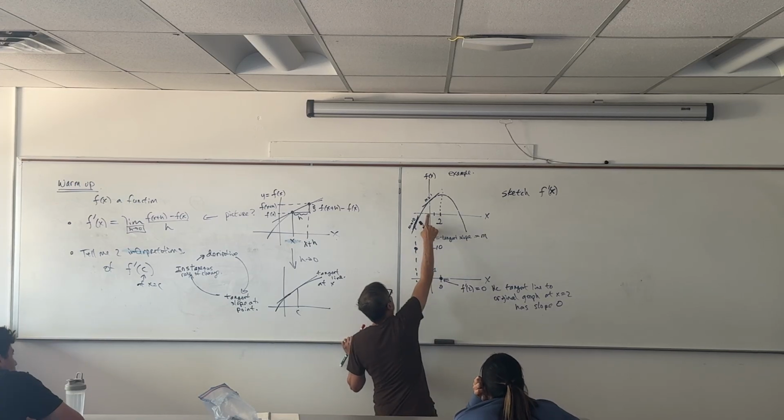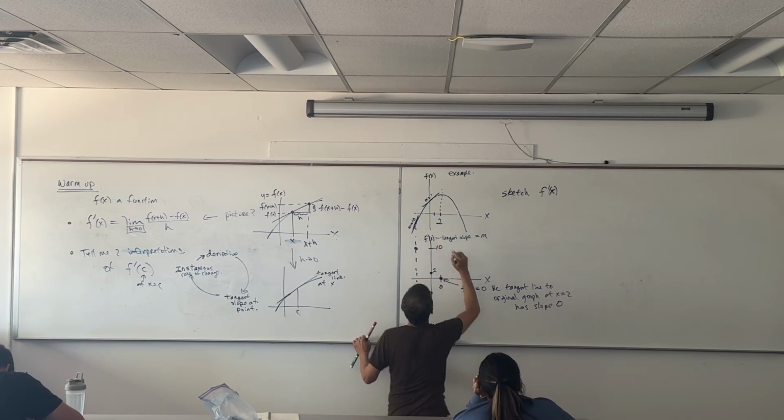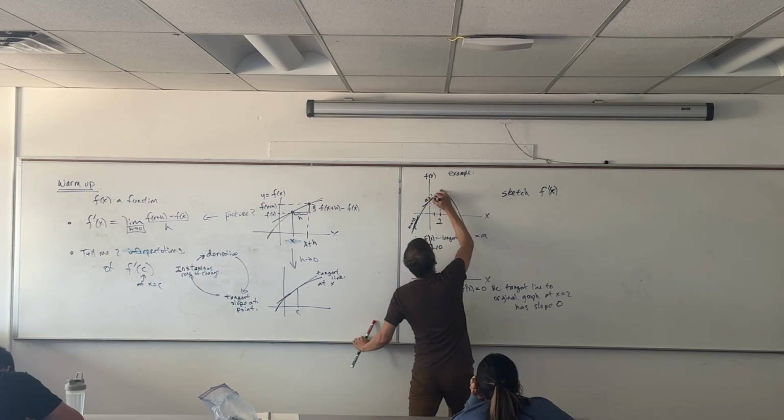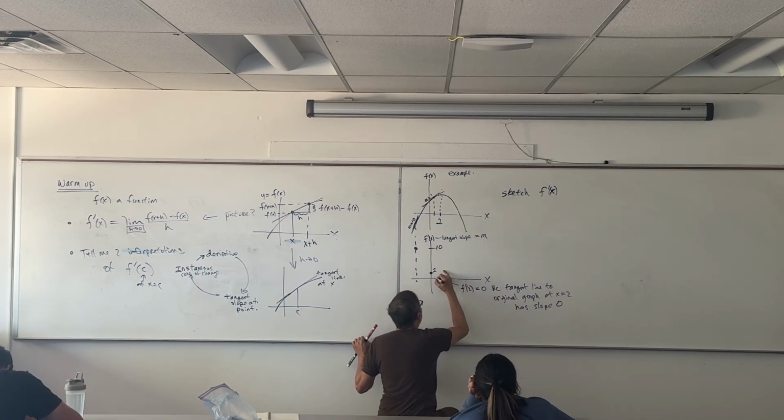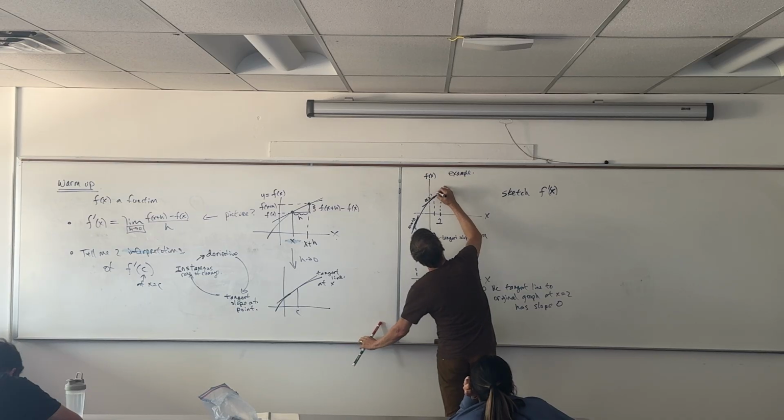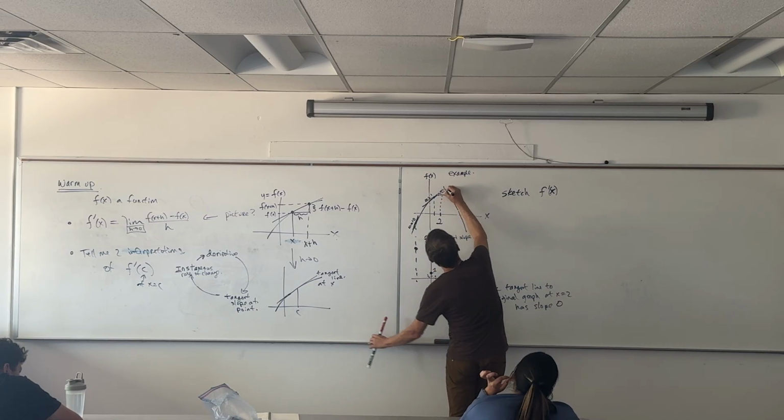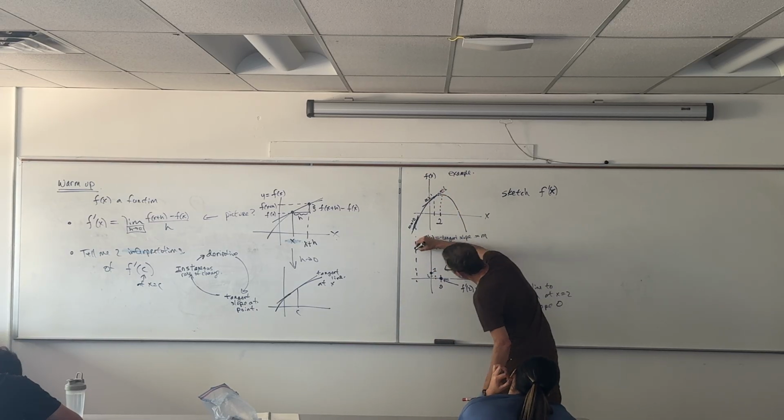And then at 1, it's less than 1, like maybe a half. So I'll put at 1 like a half. So this is m equals 1, this guy's m equals a half. And I'm slowly headed to 0, so I see something like this maybe.